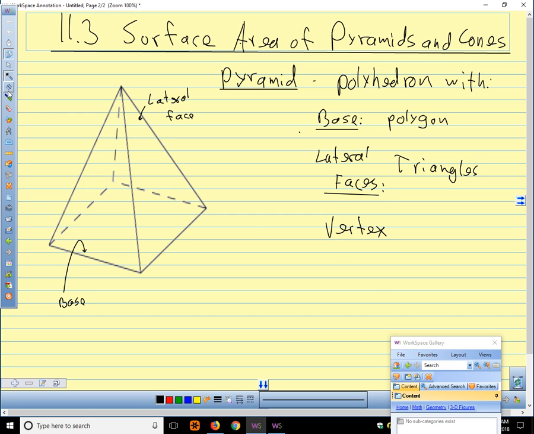The vertex is where all the lateral faces come together, just like we think. So that's our vertex. We have base edges. So this would be a base edge. That's where the base meets the lateral face.